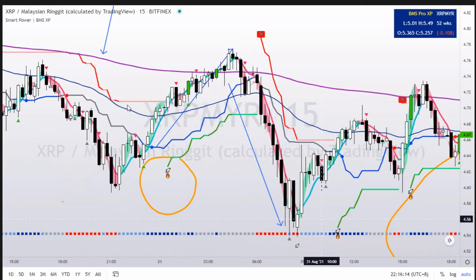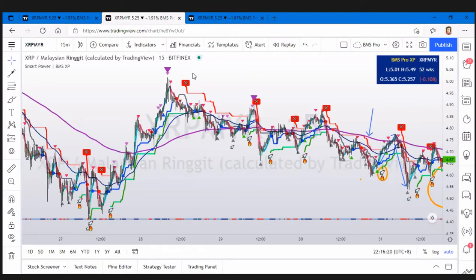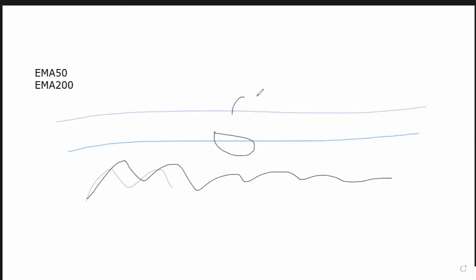So it's important to use the EMA lines. In my BMS chart, I have the EMA 50 and EMA 200 enabled. If the candles are trading below these two lines, the EMA 50 and the EMA 200, you consider it a downtrend.